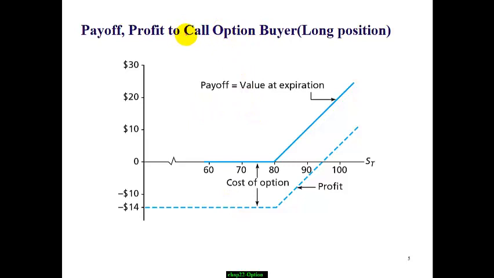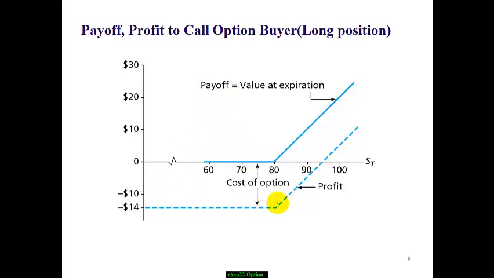So this is the basic call option. The buyer is in the long position, and you paid a premium of $14 to get a call option. The strike is set at $80. If we look at the payoff, which is the solid straight line, the option is in the money when the stock price is above the strike price of $80. The option is out of the money when the stock price is below the strike price. So that's the payoff.